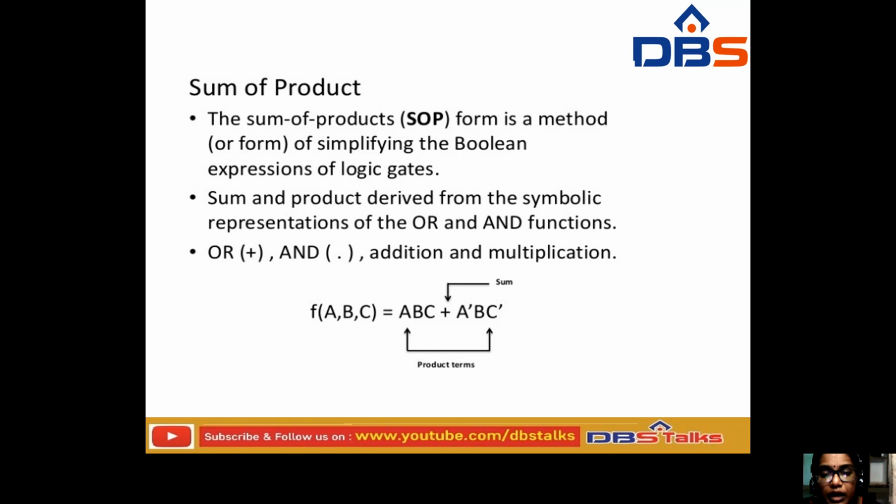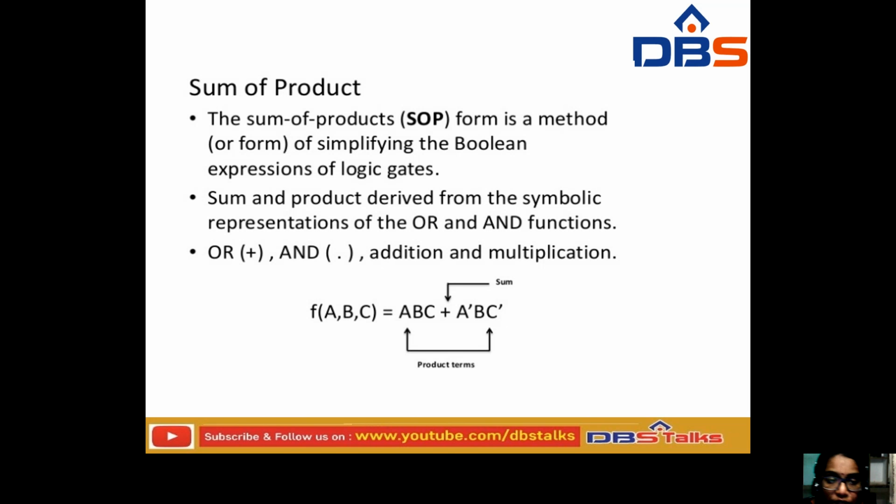ABC are the variables that we are going to use in this expression. Here in this expression, the first term ABC means we are going to perform the multiplication operation between the variables A, B and C, and the next one, A dash B C dash, means we are going to perform the multiplication operation between A dash, B and C dash.